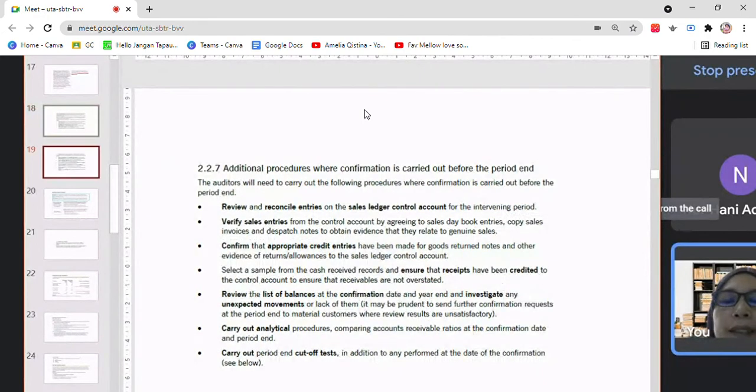Okay, so this is where you submit the confirmation letter. If the confirmation letter is submitted before the period end, you do the testing, the final audit.